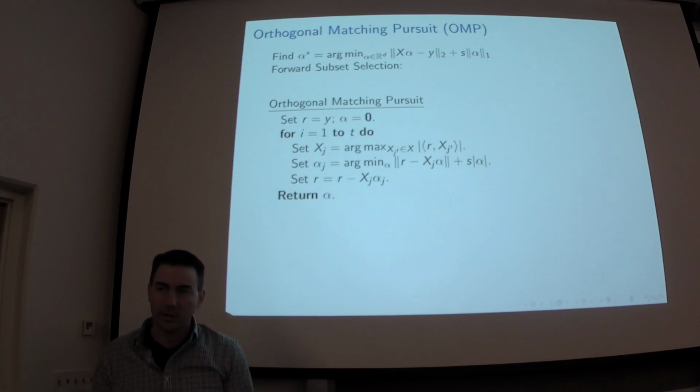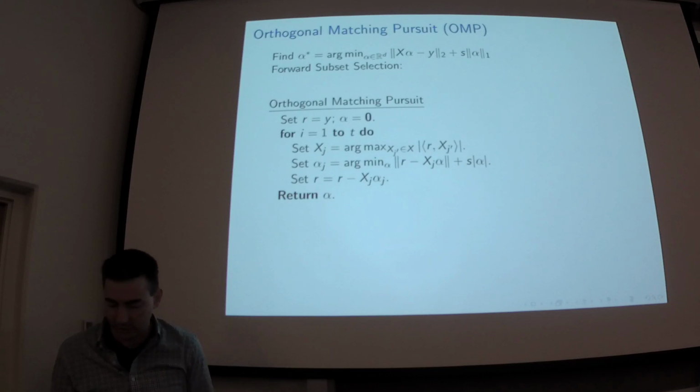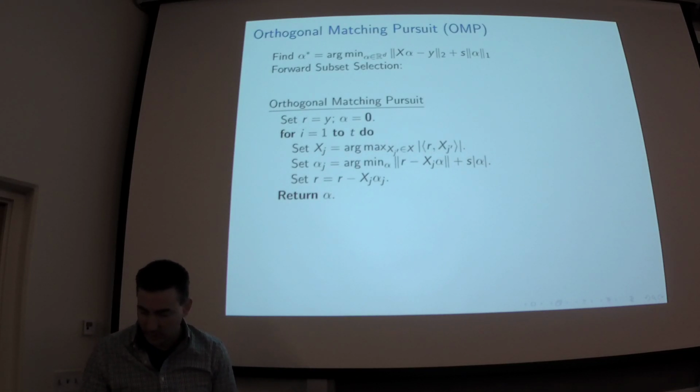Pretty simple. I'll talk a little bit about when this can find the exact right solution, and then I'll mention another algorithm that is guaranteed to find the exact right solution, but is more complicated, and the runtime might in some cases get very large.